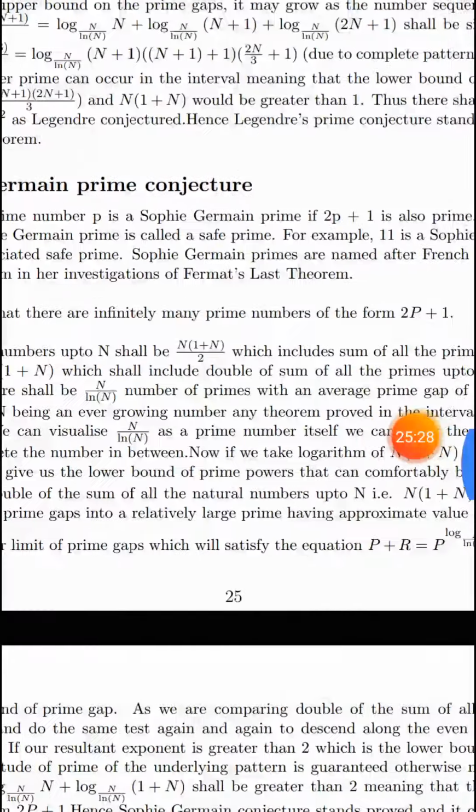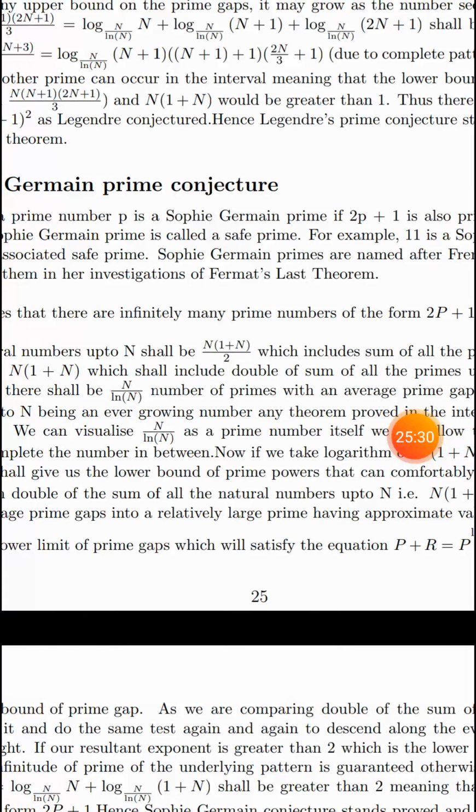Sophie Germain prime conjecture, which talks about the pattern of primes, that there will always be a prime of the 2p plus 1 form. So if we take p and another prime 2p plus 1, what will be the gap? The gap will be around p plus 1.